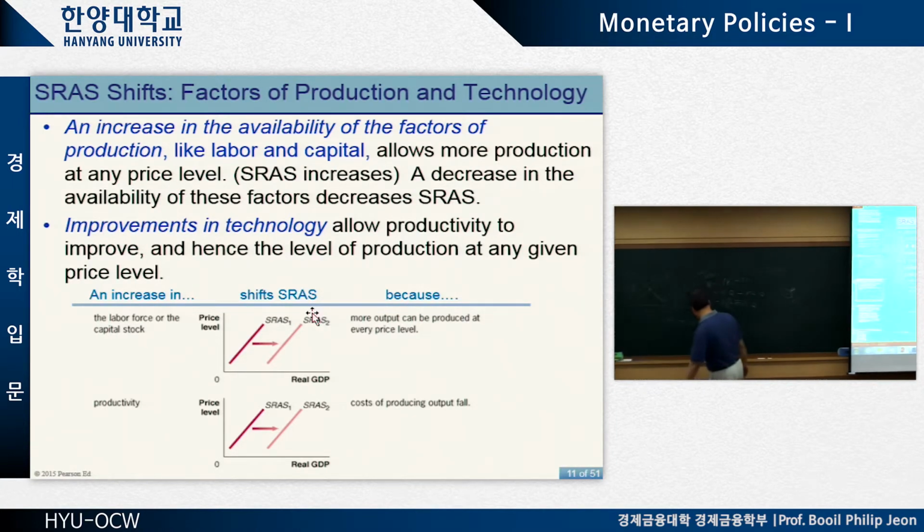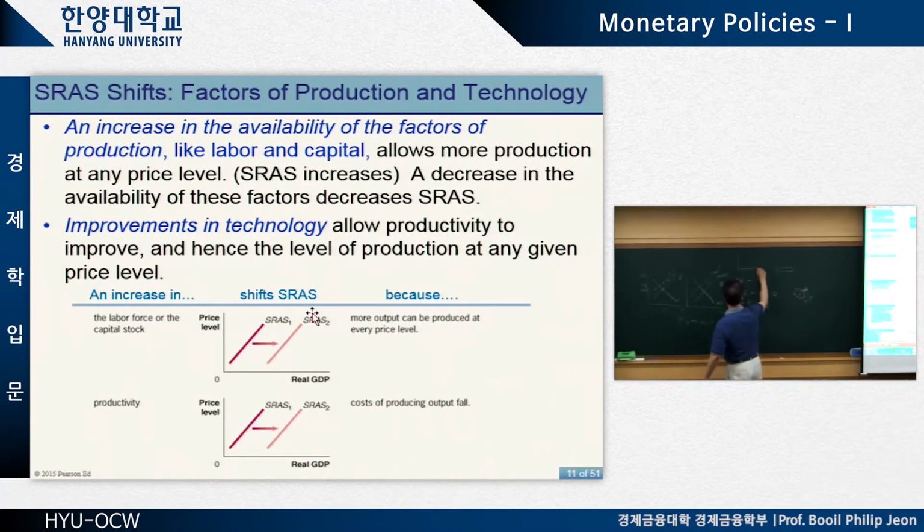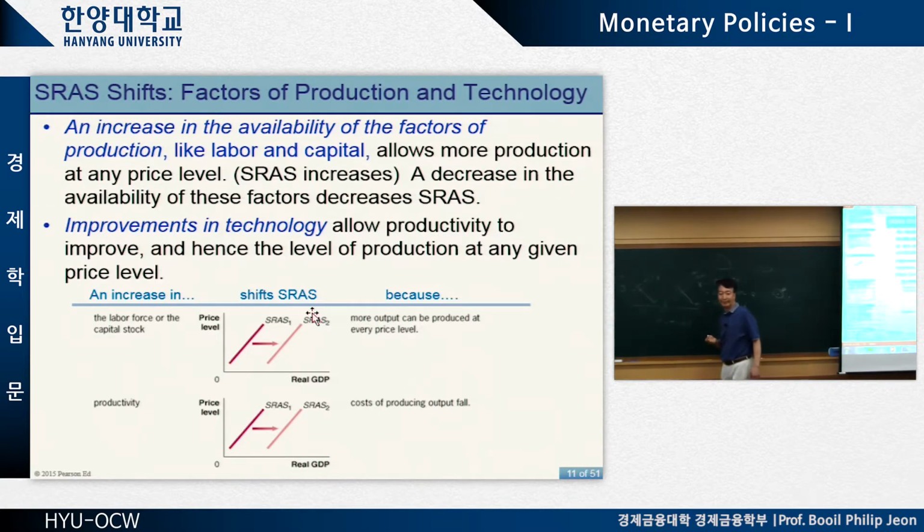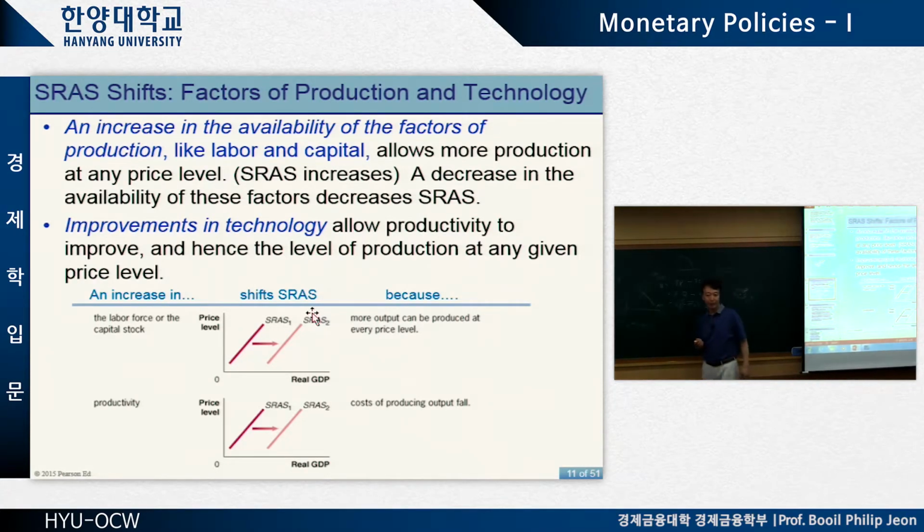But if you remember, in microeconomics, we talked about this. What is this? PPF or PPB, the production possibility frontier or production possibility boundary.